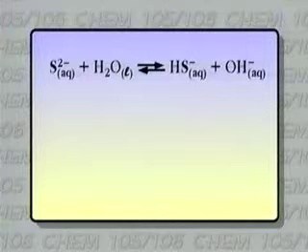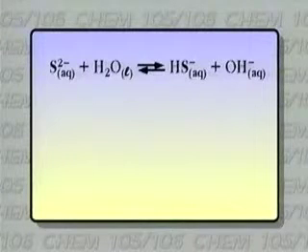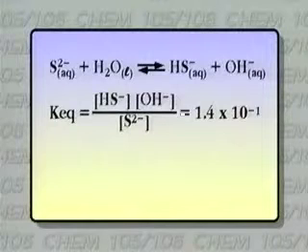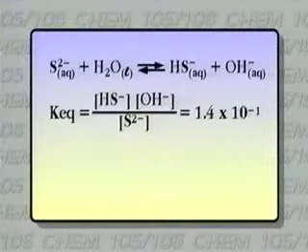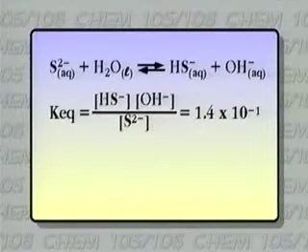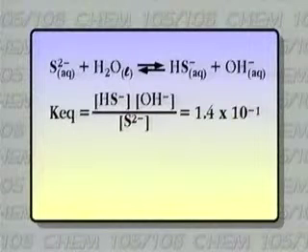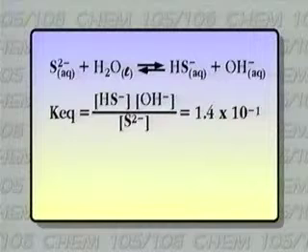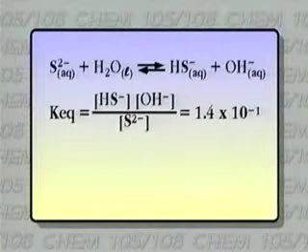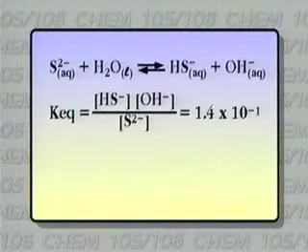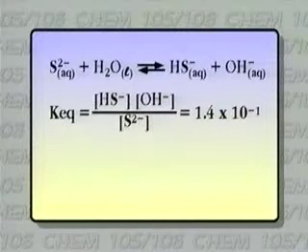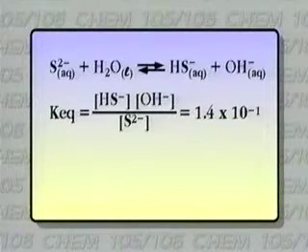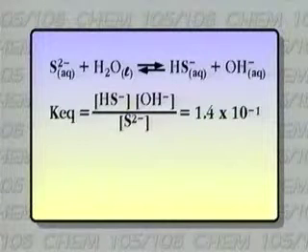And if we wrote the equilibrium expression, we would write the concentration of HS minus times the concentration of OH minus divided by the concentration of S2 minus. Remember, we don't include the liquid water. If we do this, we'll find in a table that this has a numeric value of 0.14, or 1.4 times 10 to the minus 1.